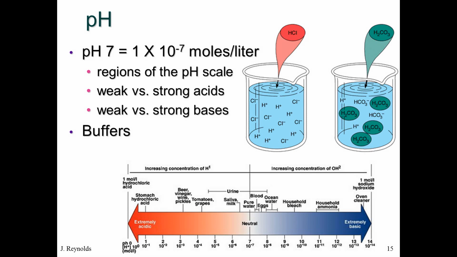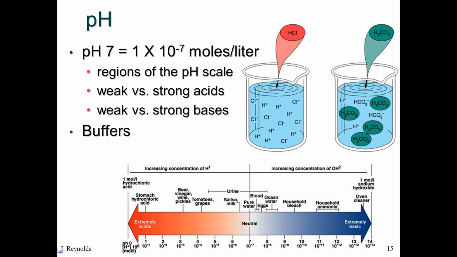Okay, now look at 10 to the minus 2. That's an even bigger number. So 1 times 10 to the minus 2 moles of hydrogen ion per liter. That's even got more hydrogen ion than pH of 5, which has more hydrogen ion than pH 7. So the further left you go, the more acidity you have, because the more hydrogen ion concentration.